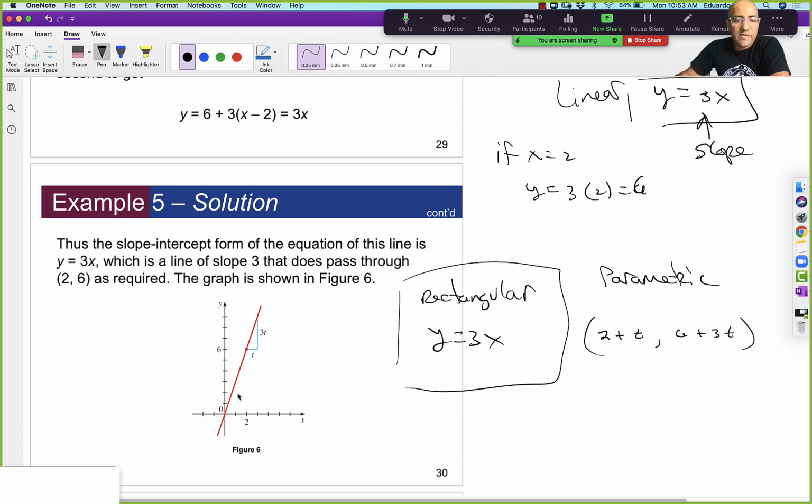It'll still give me the exact same graph, except it gives me even more information. The way it's written also indicates a direction. Starting at this point, when t equals 0, it heads that way for larger and larger values of t. So we have a direction that goes like this.